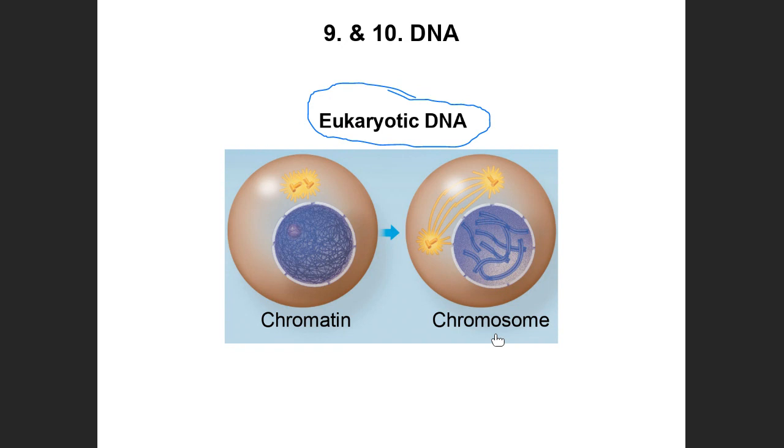Now that being said, I'm going to throw in a third term in reference to DNA, but I'm going to throw it in when we actually go over cell division. Okay, I'm going to save it till then. Now, often what you hear in regards to DNA in general is the term chromosome, you don't hear chromatin much.